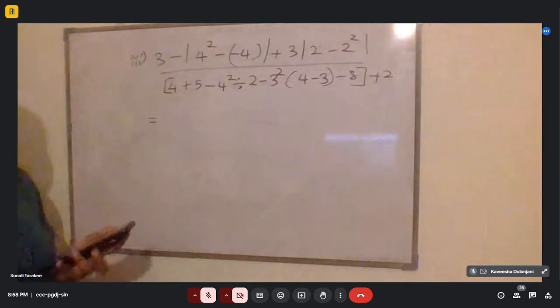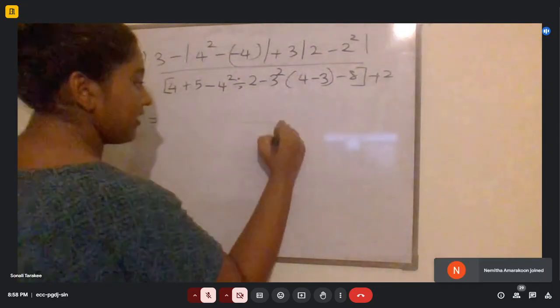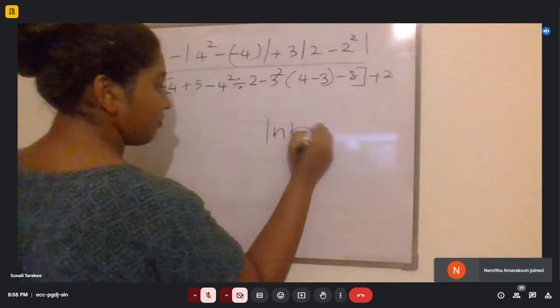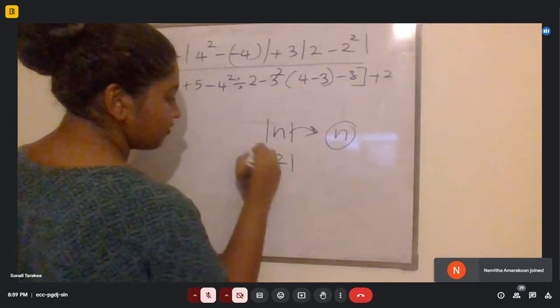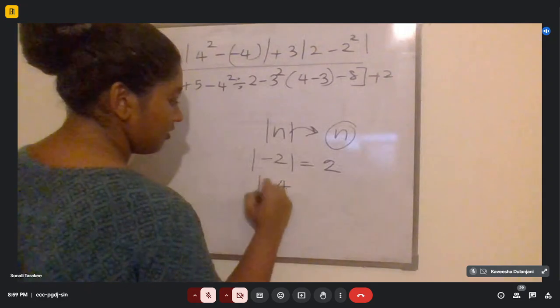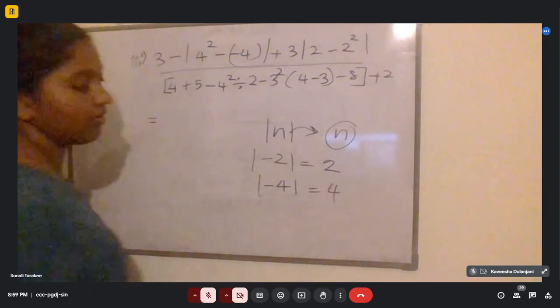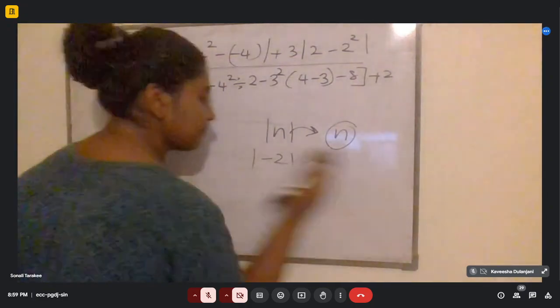Okay. So what you have to remember here is modulus. Anything inside the modulus, once it comes out, is a positive value. For example, minus 2 mod, you get the value 2. Minus 4, you get the value 4 once you simplify. So that's the theory behind it.